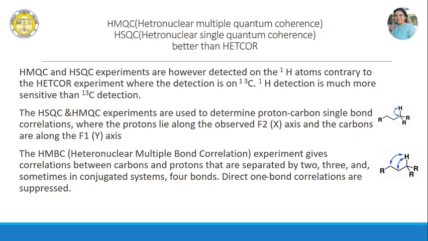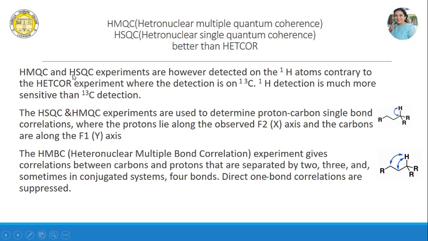So the difference is, if you remember when we spoke about Hetcor, I said that on the F1 axis we have proton NMR and on the F2 axis we have C13 NMR. Here, whatever the pulse sequences are, that I am not discussing, but the net is that on the F2 axis you have proton NMR and on the F1 axis you have C13, absolute opposite of Hetcor.